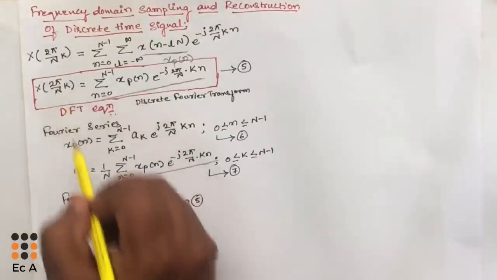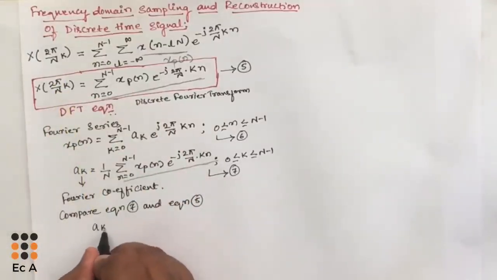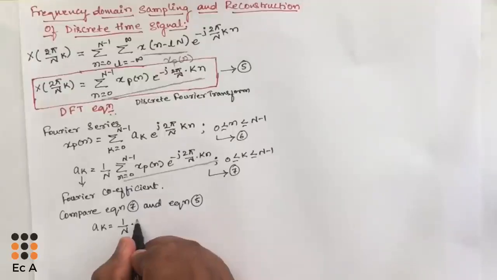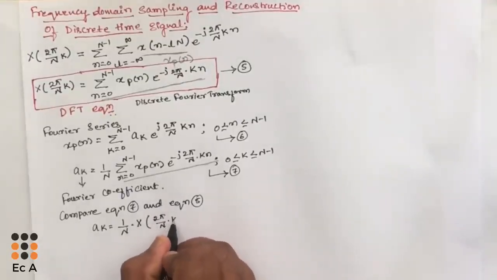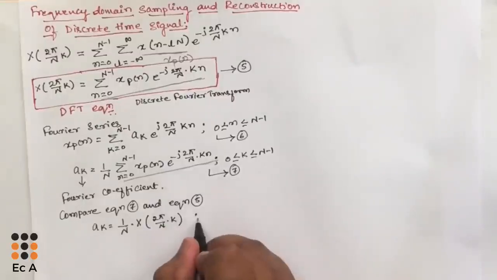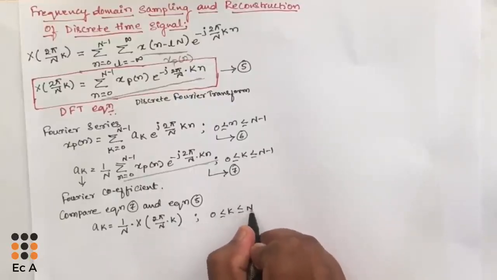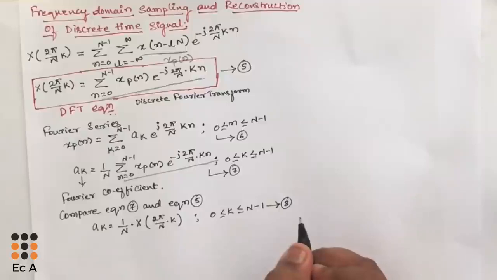So using these two, we can write the value of ak is equal to 1 by N into X of 2 pi by N into k for k value ranging from 0 to N minus 1. Let us call this equation number 8.